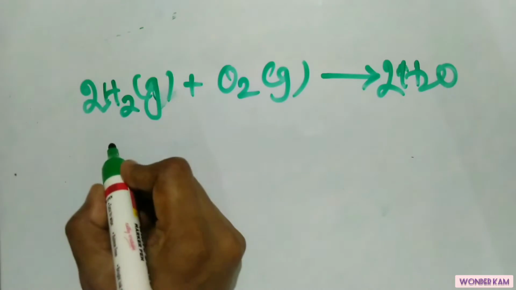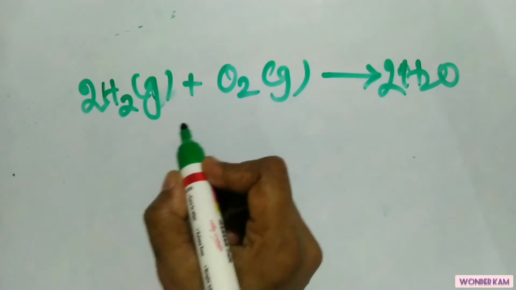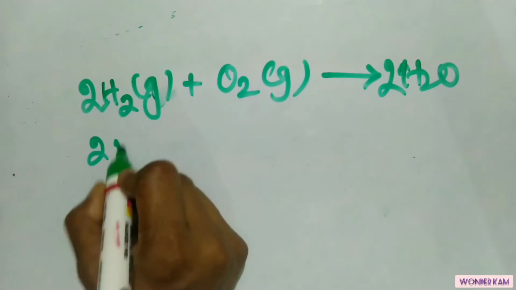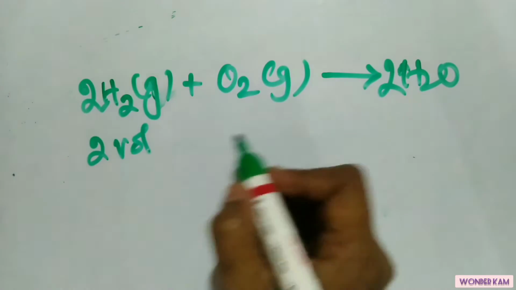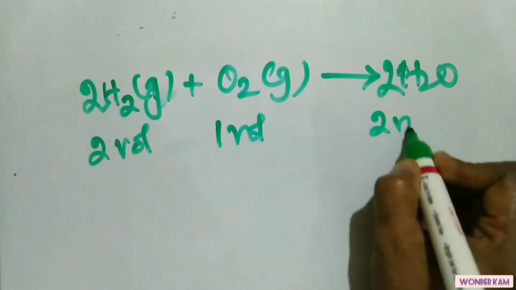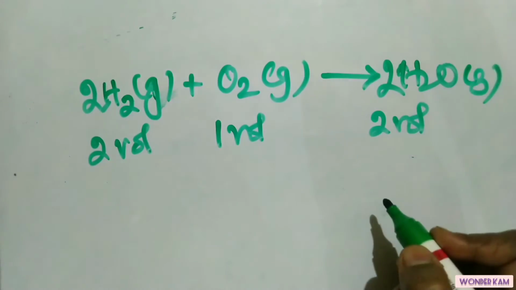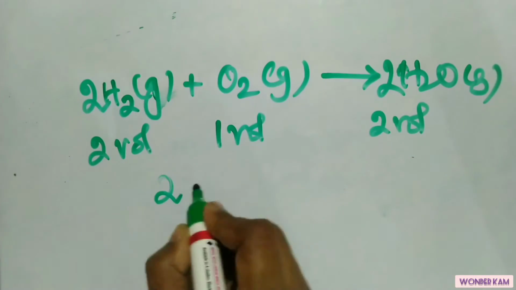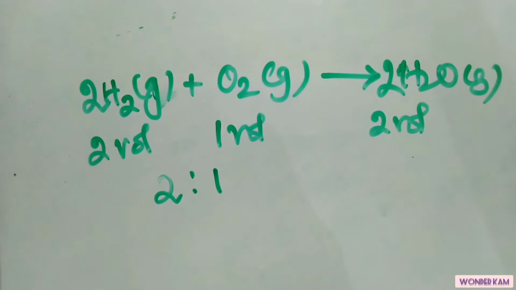As per Gay-Lussac's law, a simple relationship exists between the volumes of the reactants and the products. 2 volumes of hydrogen, when reacting with 1 volume of oxygen, will give 2 volumes of water vapor. So the simple ratio between hydrogen and oxygen is 2:1 here.